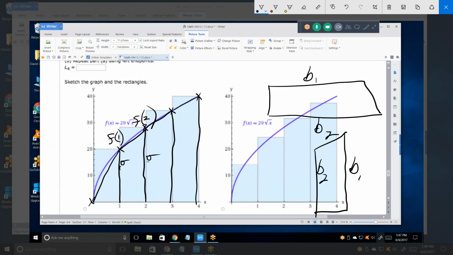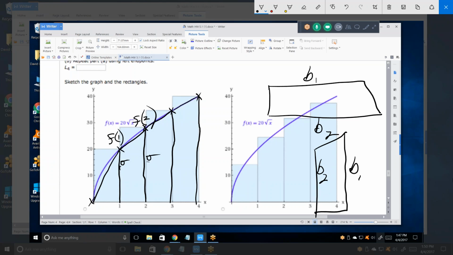And notice that B2 is f of 1 and B1 is f of 2. It doesn't matter if you mix them up. You're adding them together and dividing by 2 to find the area of this trapezoid.